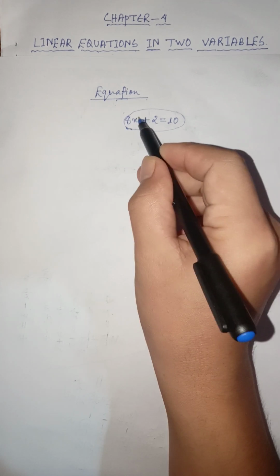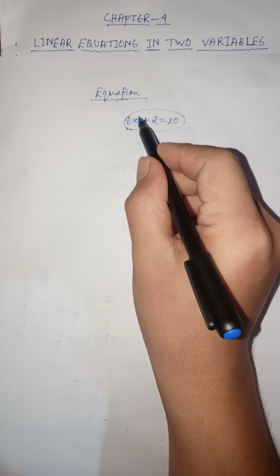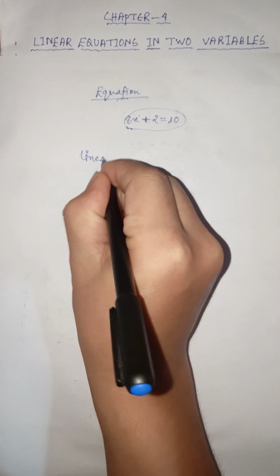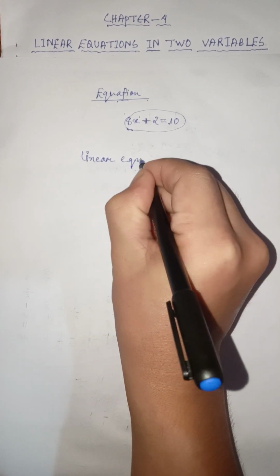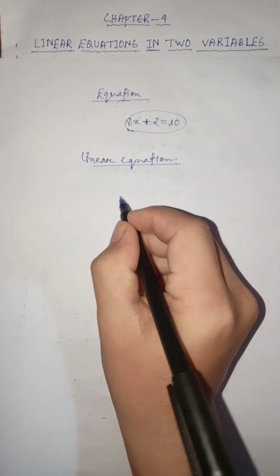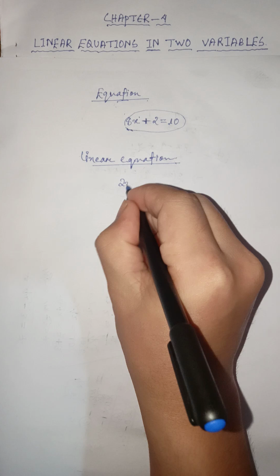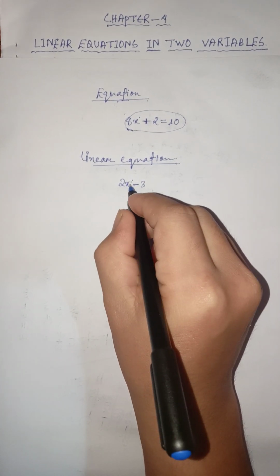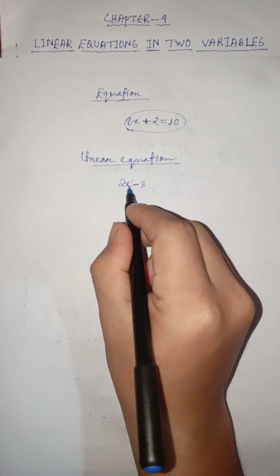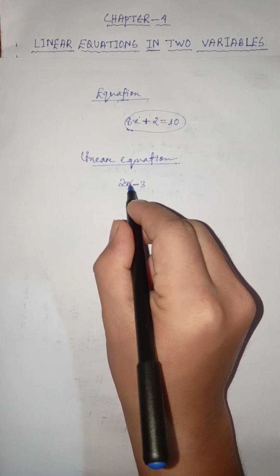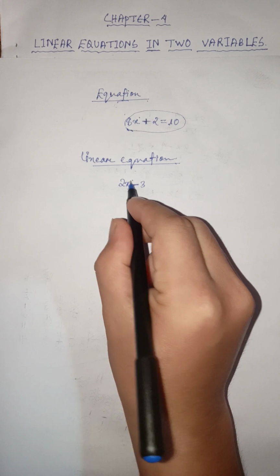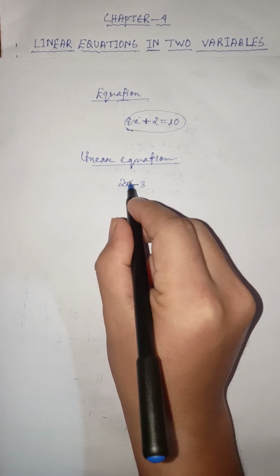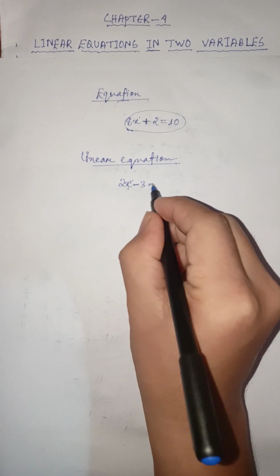So this kind of equation whose power is 1, we'll call a linear equation. As we can see here, the power is not written, but if it is like this, then the power is 1.